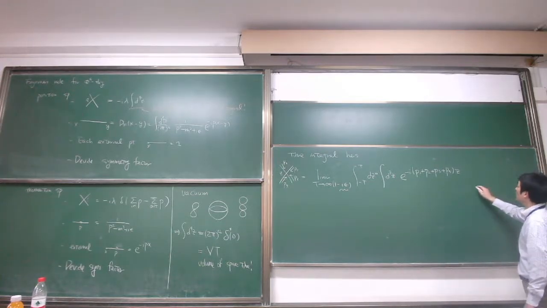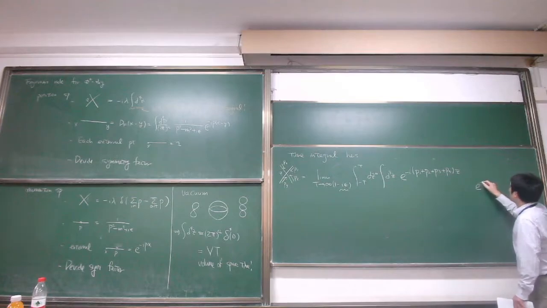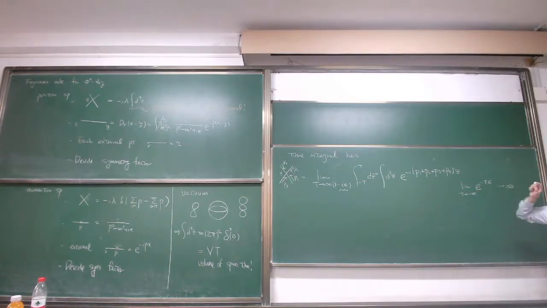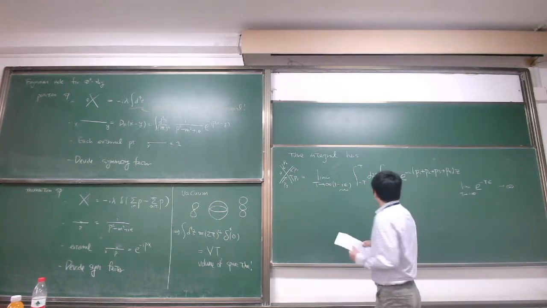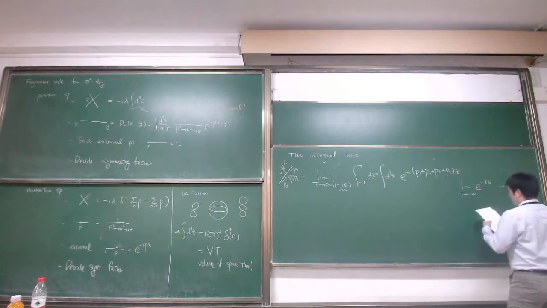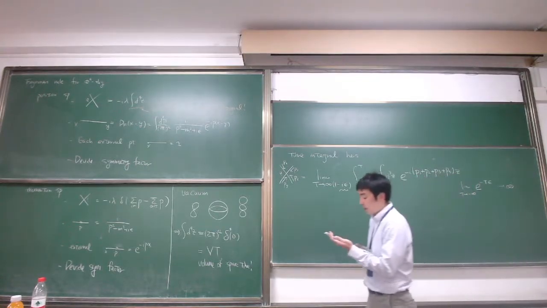For instance, e to the minus i times minus i epsilon t is equal to e to the minus t times epsilon, and if t goes to minus infinity, this goes to infinity. So that's the divergence problem we have.